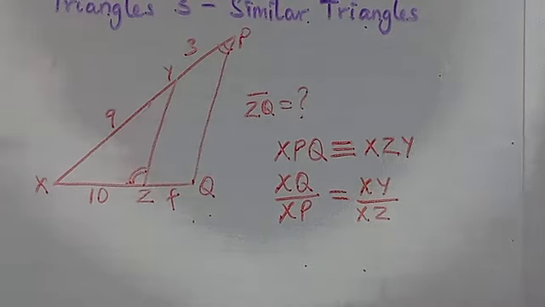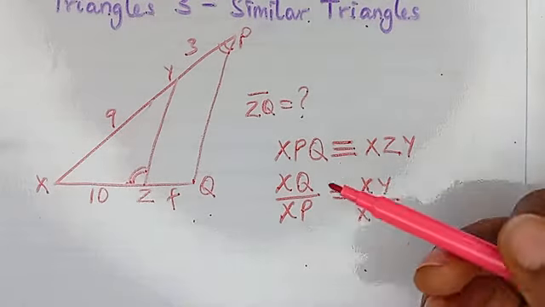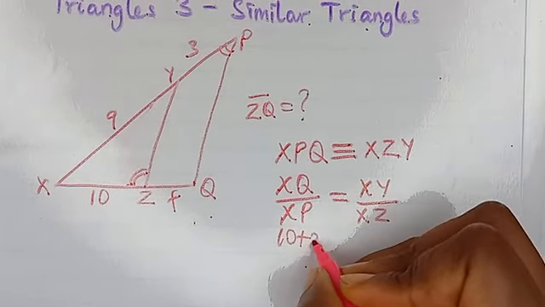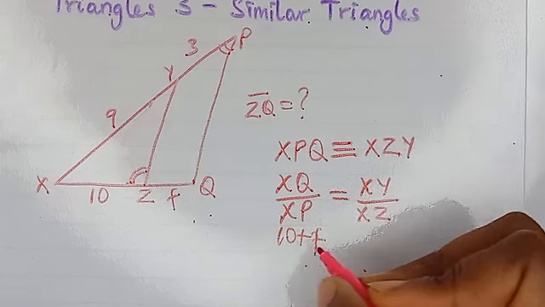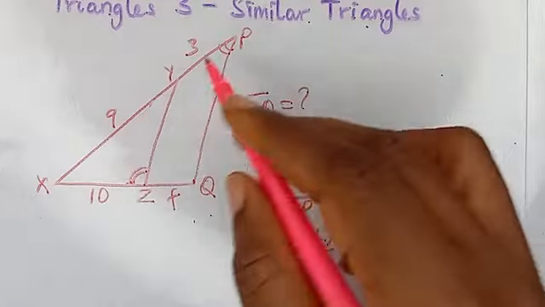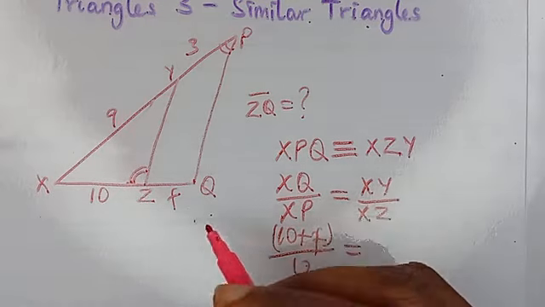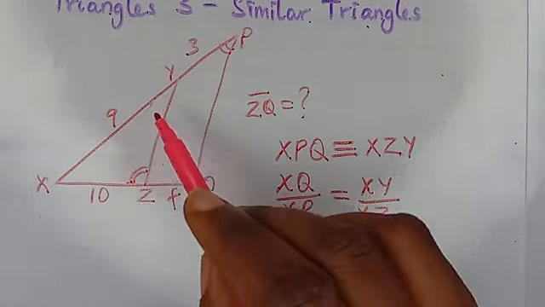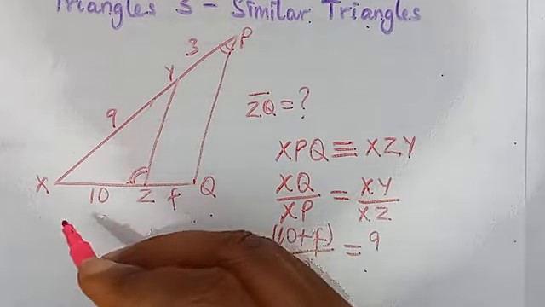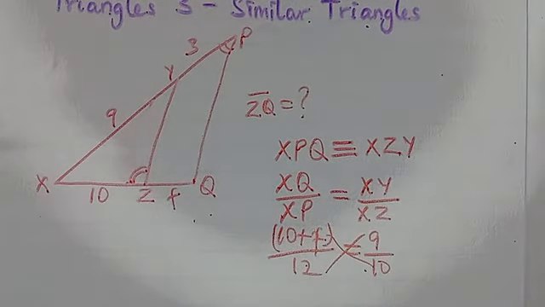Okay, now we are going to replace with numbers. XQ, I could just leave it as 10 plus the letter F, over XP, 9 plus 3 is 12, is equal to XY, which is 9, over XZ, which is 10. We cross multiply.